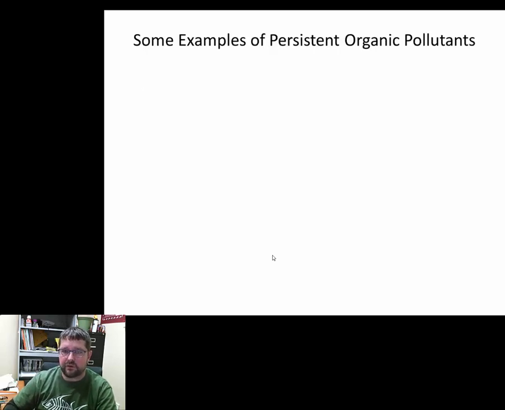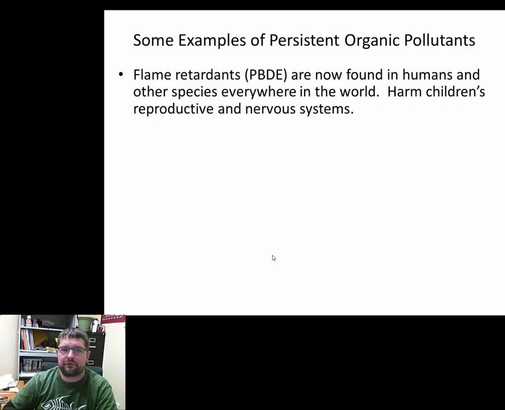So other persistent organic pollutants that we've seen issues with, things like flame retardants, whether that be clothing or just materials in walls or coatings that go on to different things.